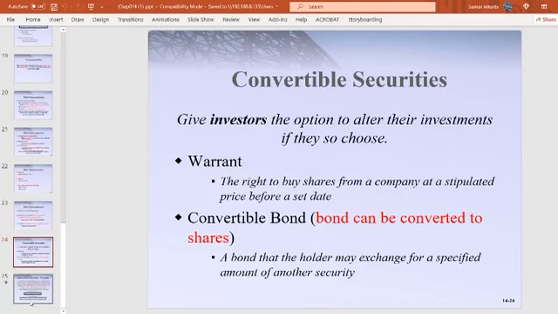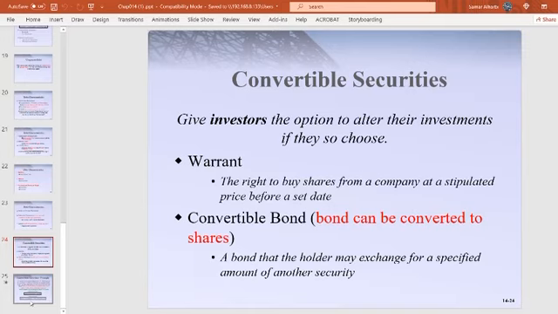Convertible securities are securities which are convertible to shares. For example, you may issue a warrant or a convertible bond, like a debt which may convert to equity shares at the stipulated prices. Okay, let's try to understand what a warrant is. A warrant is simply like a piece of paper you give to the investor and you say, okay, give me some money.